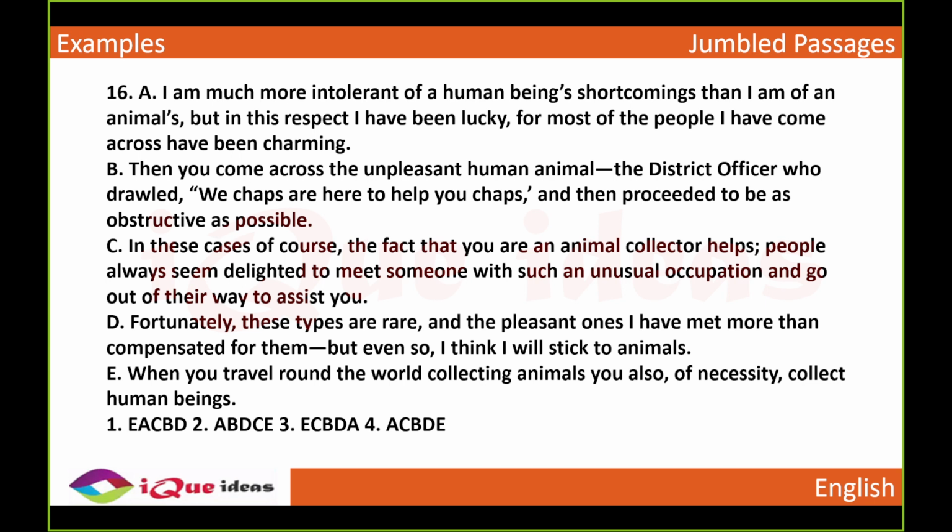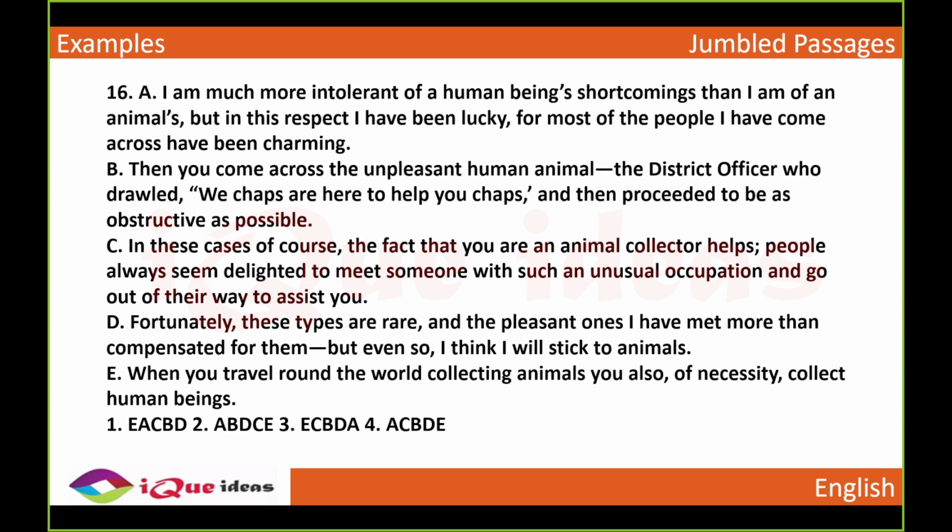Okay. Now, from the options, I know either it has to start with E or it has to start with A. E says when you travel around the world collecting animals, of necessity, you also of necessity collect human beings. Okay. And then A says, I am much more tolerant of human being shortcomings than I am of an animal's.